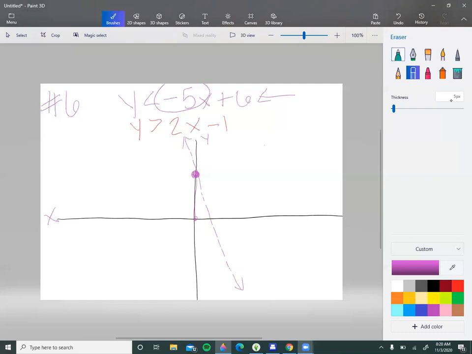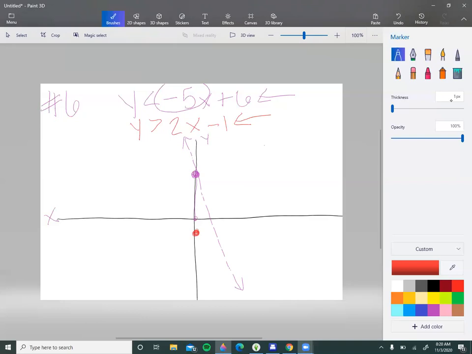Okay. Next, we have our second line, and we're going to do the same thing. So we're going to find the y-intercept. So if x is 0, 2 times 0 is 0, minus 1. So y is negative 1. So we have the dot right here.